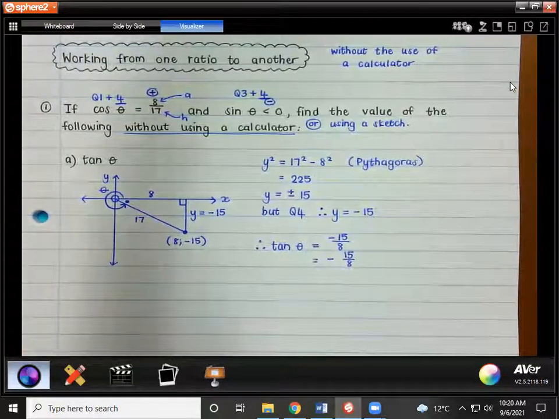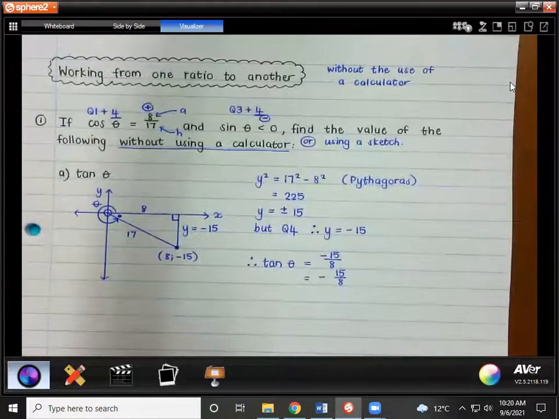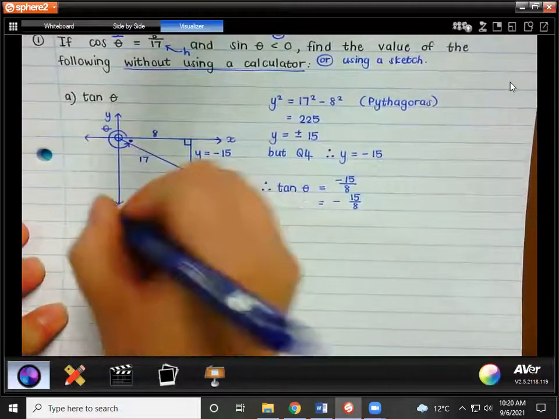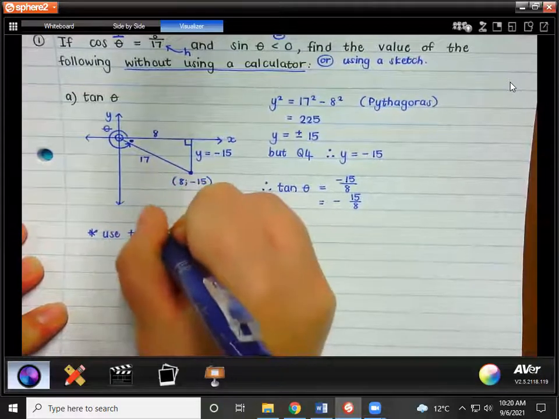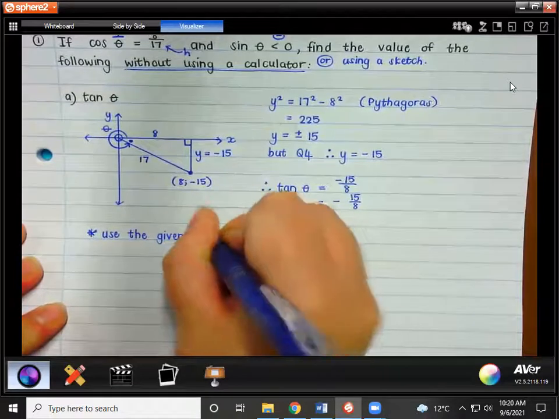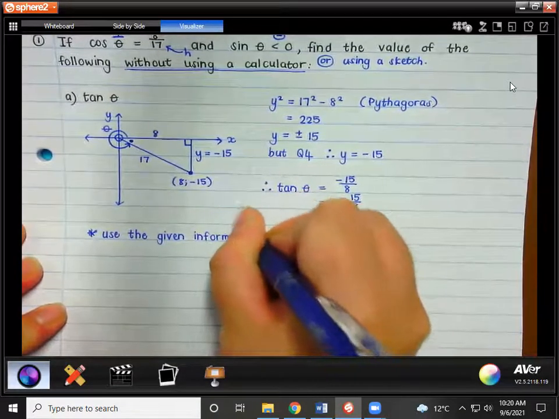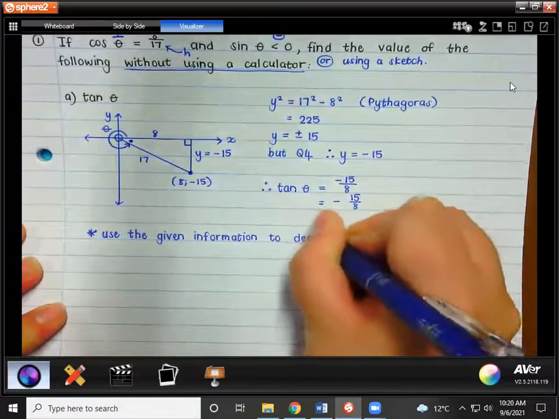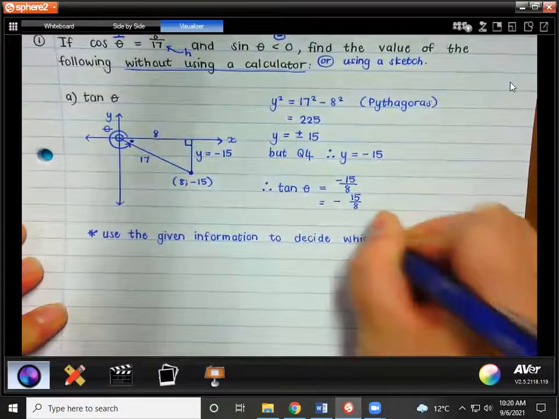Okay, so guys, let's just write some steps down quickly of what we did here, because it is a bit of a tricky thing. So I'm just going to make a little star here. Use the given information to decide which quadrant the triangle is in. Remember, that was our first thing that we had to figure out.